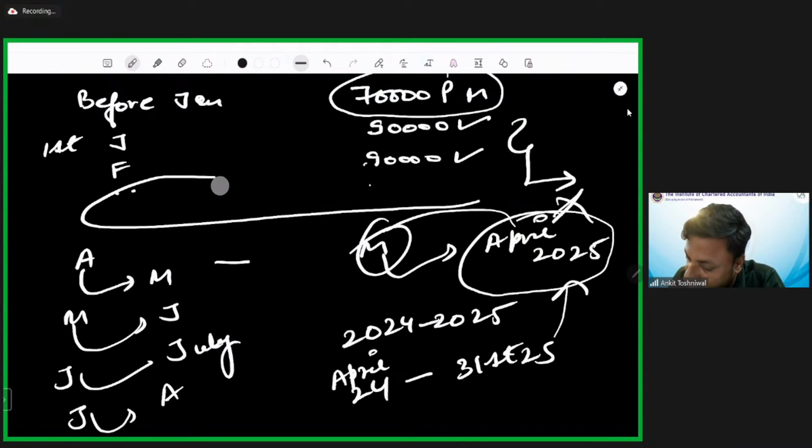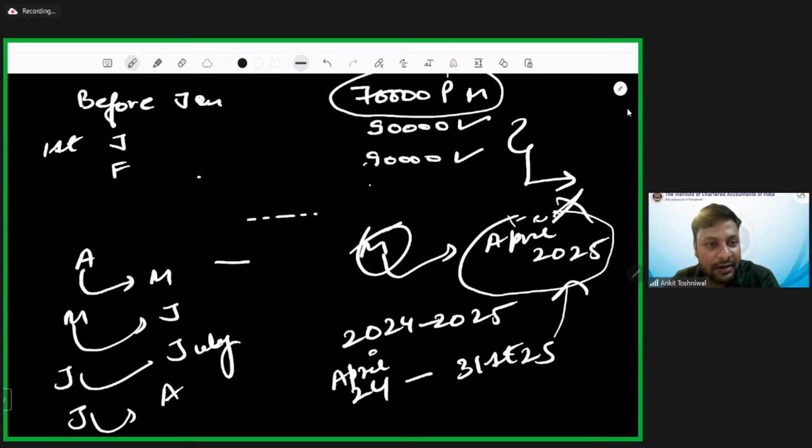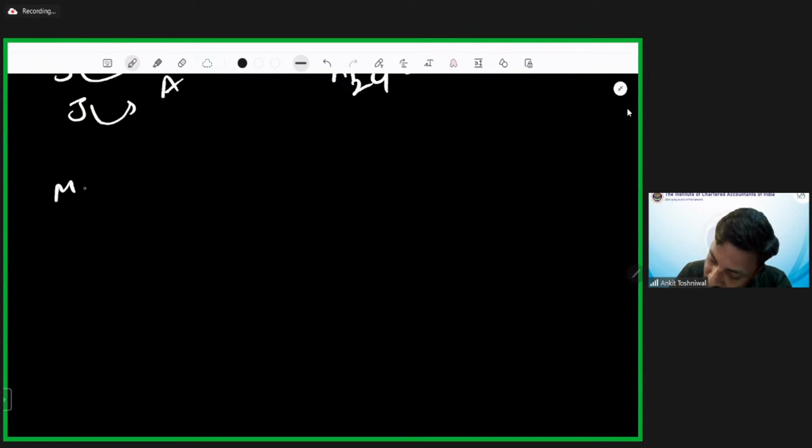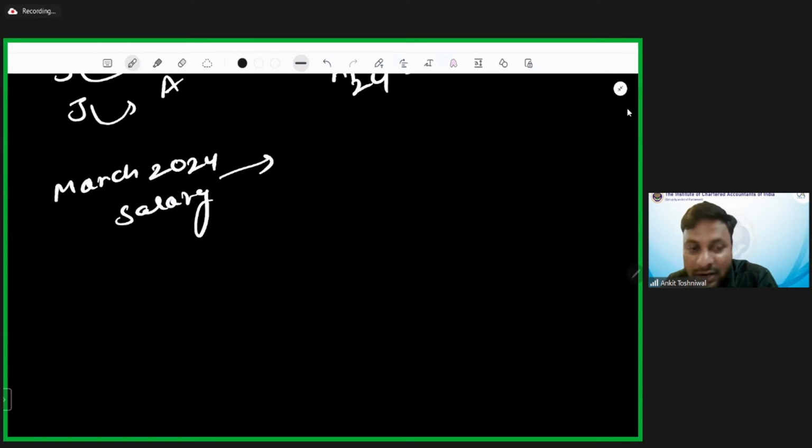So I am deleting this. Correct? Similarly, March 2024 salary will be taxable in April 2024.